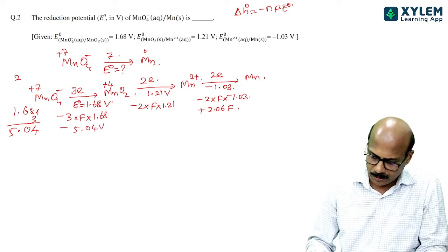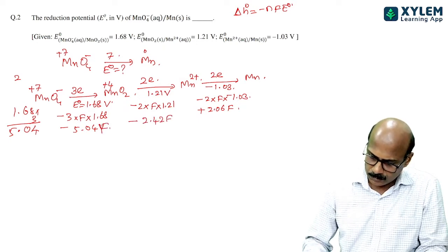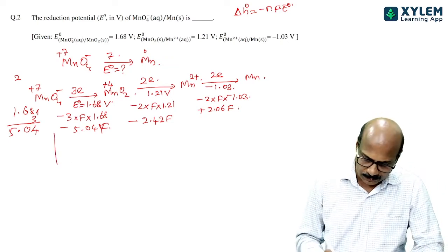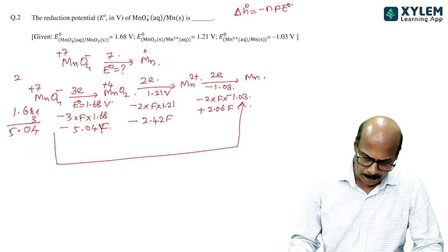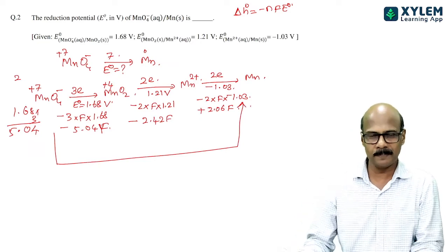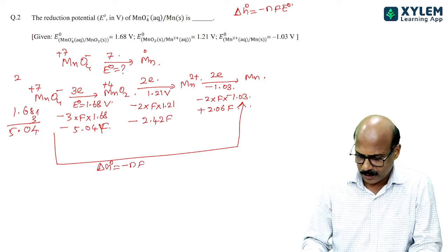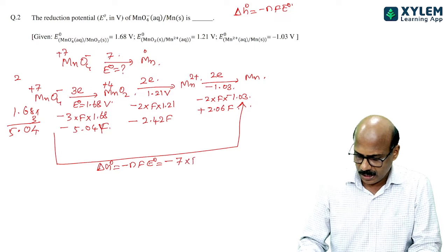What about the second one? It is minus 2.42 F. Isn't it? And what about the third one? 2.06 F. Now, what is the delta G naught of the process MnO4 minus to Mn? Here again you know delta G naught equals minus nF E naught, that is minus 7 F into E naught, the value you want to find out.